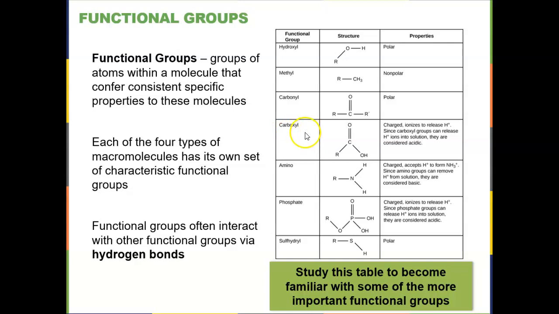And then a carboxyl, which is a combination of a hydroxyl and a carbonyl. So at the end of a carbon molecule, the rest of the molecule here, we have a carbon double bonded to an oxygen, very polar, and then a carbon bonded to an oxygen, somewhat polar, and an oxygen bonded to a hydrogen, again somewhat polar. So this is a very soluble bit of a molecule. And when we put this in water, it will lose this hydrogen very quickly.